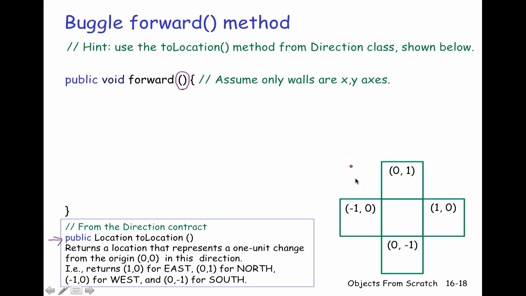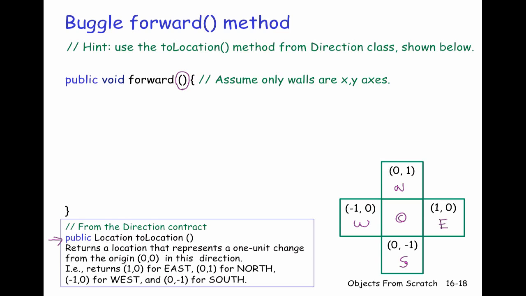So if we imagine that a Buggle is here in the center, then to the east, that's a coordinate that is 1 unit in the x direction, 0 units in the y direction. To the north, it's 0 in the x direction and 1 in the y direction. To the west, it's -1 in the x direction, 0 in the y direction. And to the south, it's 0 in the x direction and -1 in the y direction.